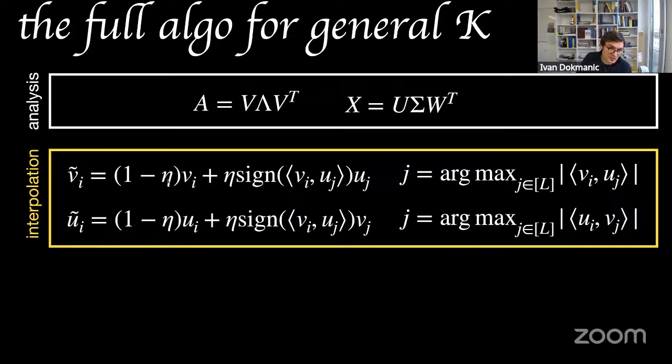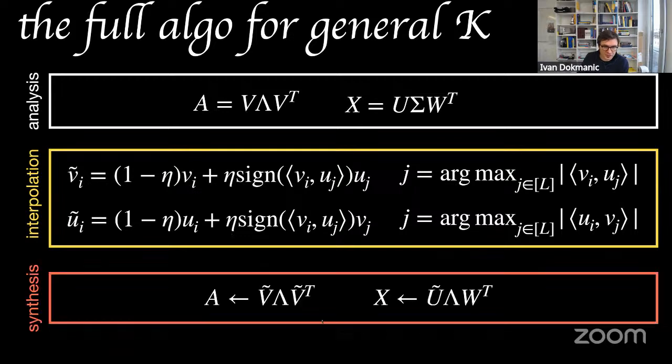But you do a gentle interpolation. You take this eta, a small number, such that you don't deviate too much from the initial graph, and this eta is determined as a hyperparameter. Once you do this interpolation, you resynthesize the graph and the features. You can round the graph, and then you run the procedure again for some number of iterations.